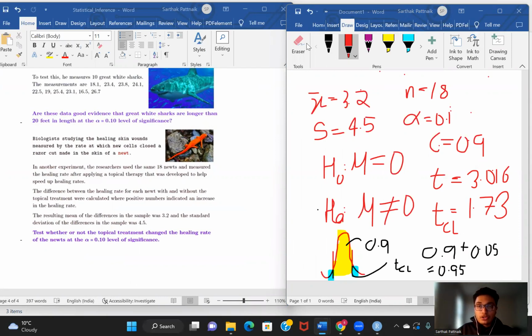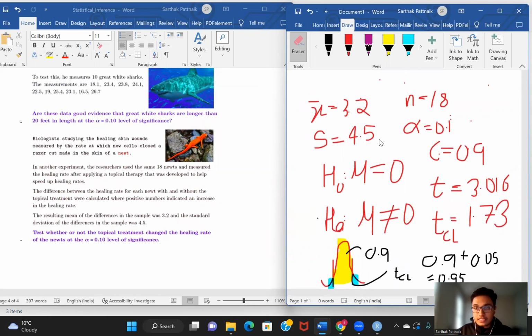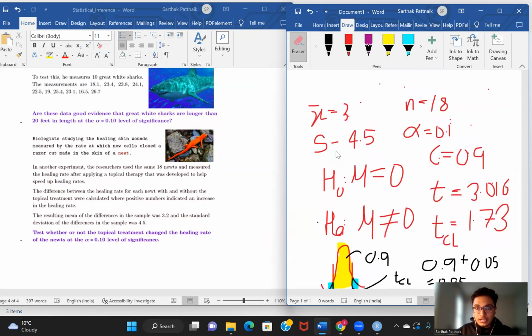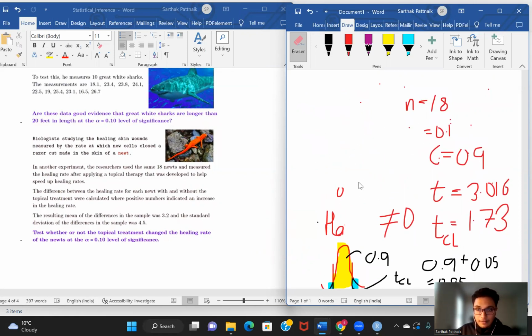Now, I want to end this session by juxtaposing the idea of confidence interval in this scenario and making you understand how you can use confidence interval also to gather evidence. I know we have discussed this in our module on Z test, but I'll just reiterate that idea so that we are covering both sides of the spectrum.